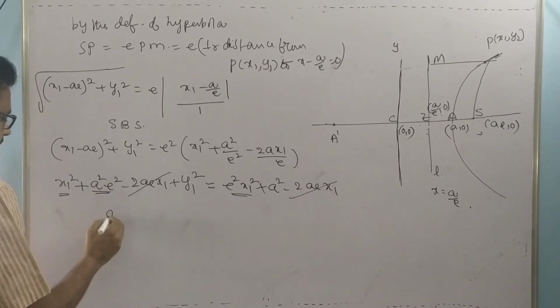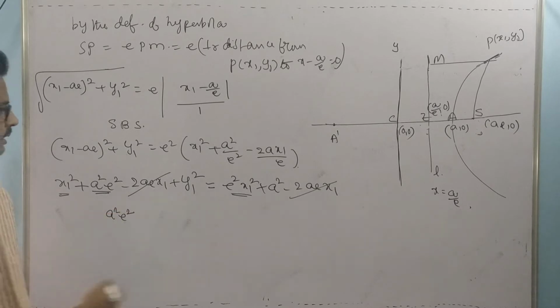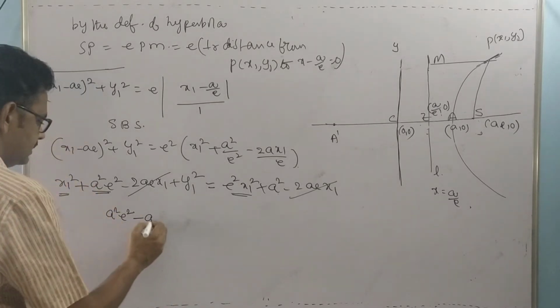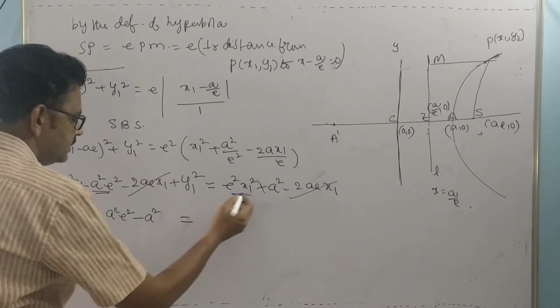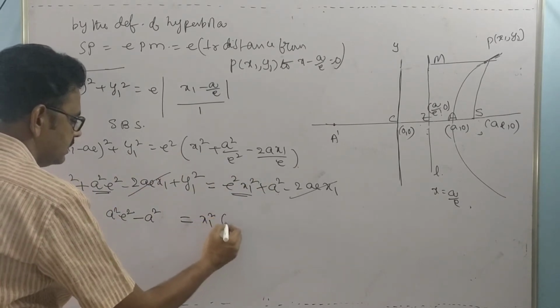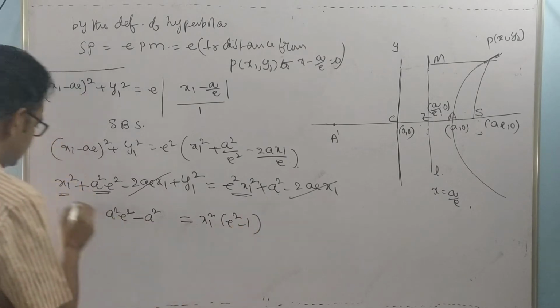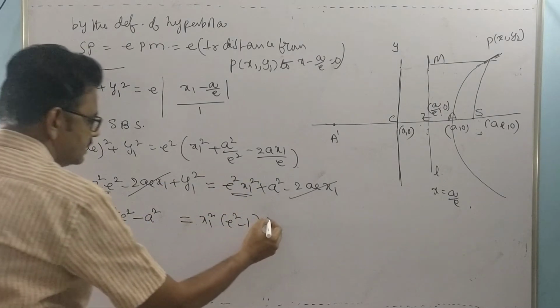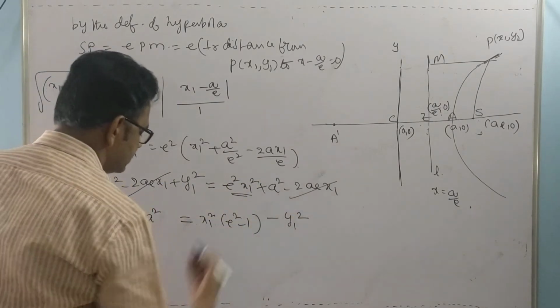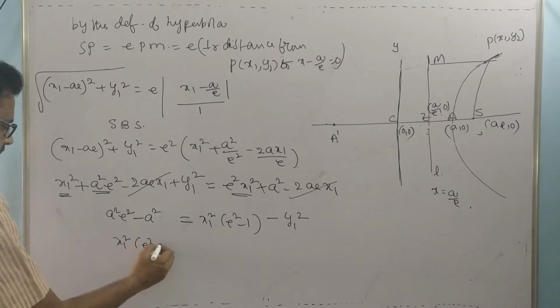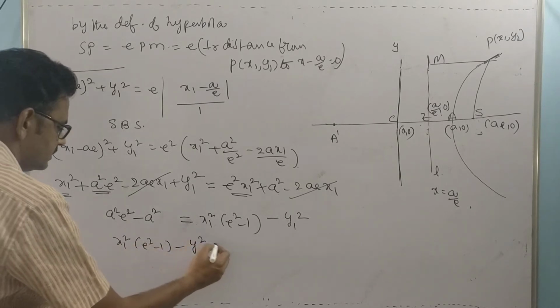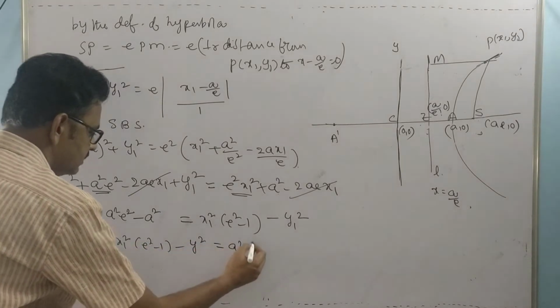This you write A square E square, A square, take this side, minus A square is equal to x1 square, right that side. In this one x1 square is taken common, E square minus 1. So write this side minus y1 square. So this is x1 square into E square minus 1 minus y1 square is equal to A square common, E square minus 1.